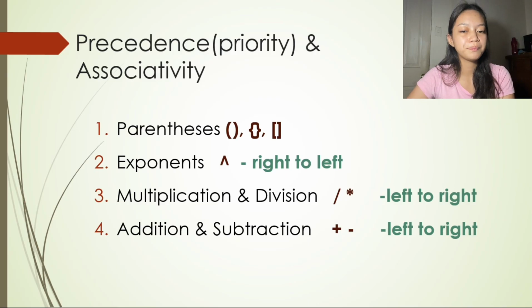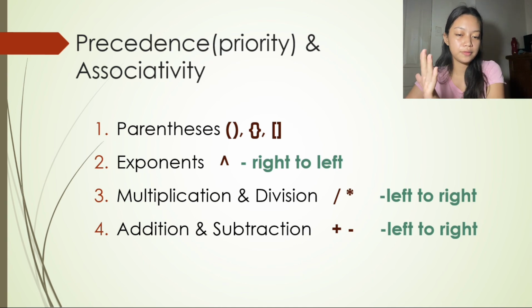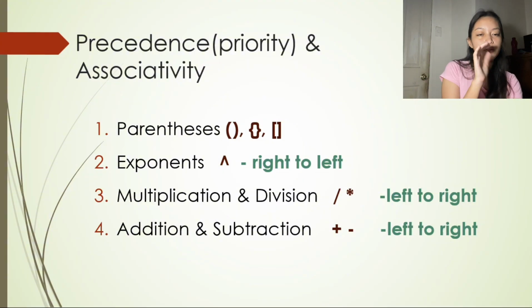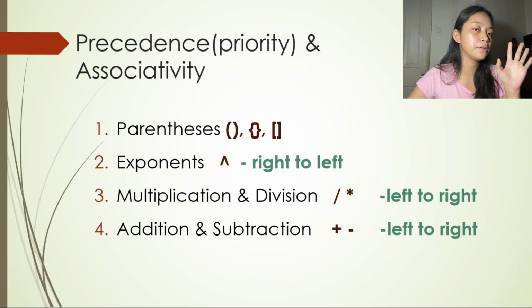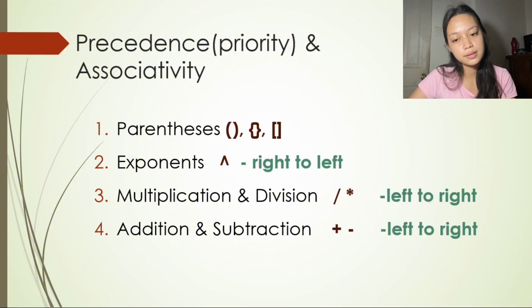If there are many exponents in an expression, we get confused about where to start. The way of reading it or scanning it is from right to left. So you solve the one on the right first, going to the left. That's the associativity of the exponents.